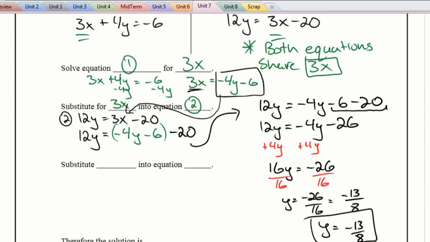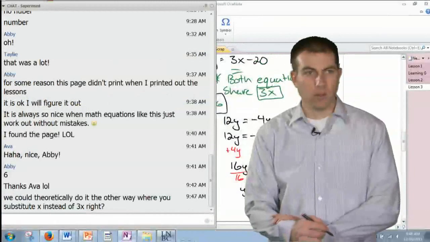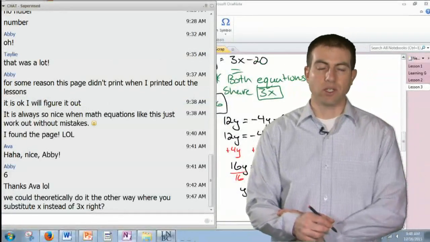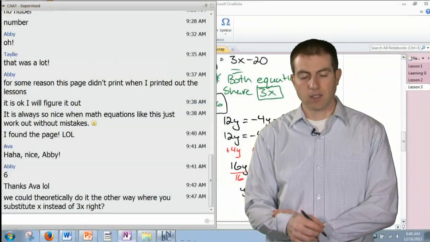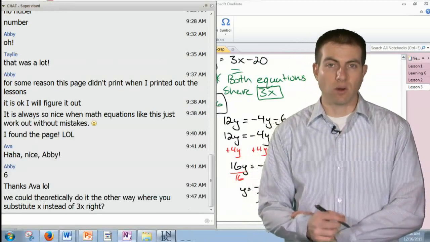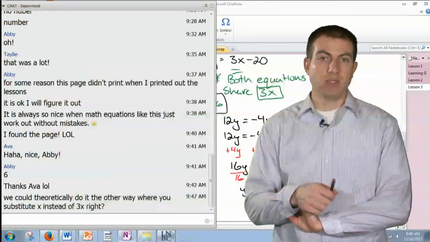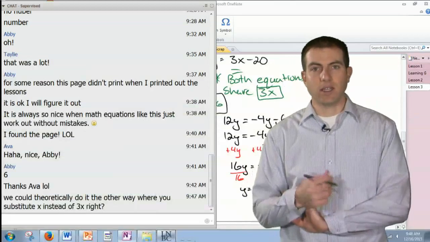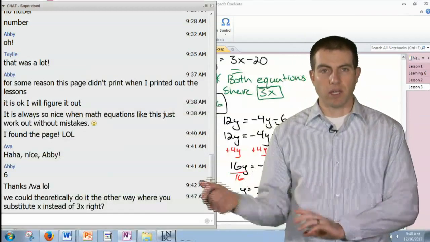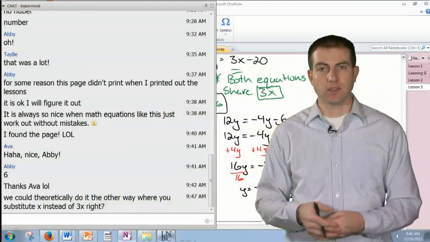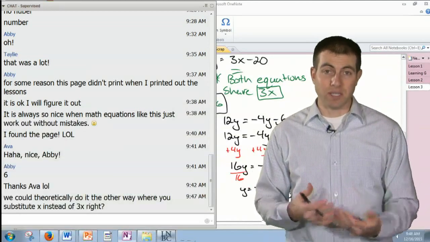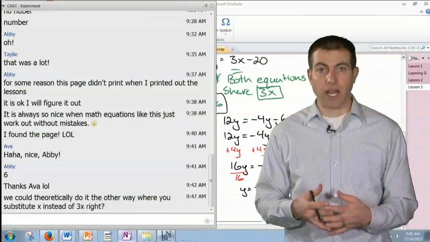That's an excellent question, Abby. We could theoretically do it the other way where you just substituted x instead of 3x. And yes, you could, and there's nothing wrong with that. The only problem you're going to run into is that when you isolate for x, you're going to have to divide everything by 3, and you're going to end up with fractions. It can get really messy to do this sort of algebra with fractions.